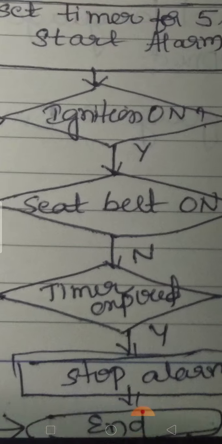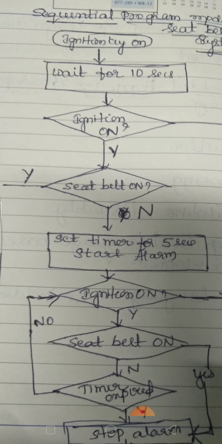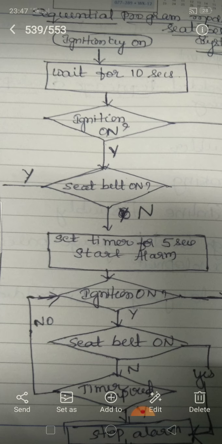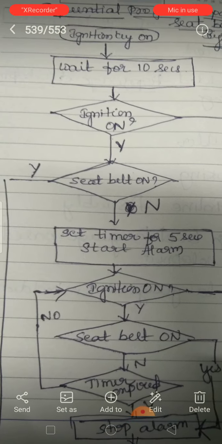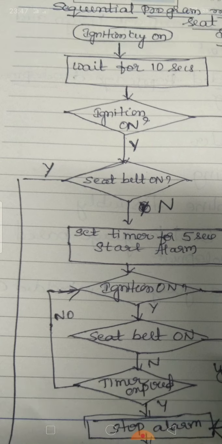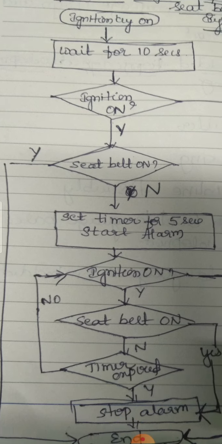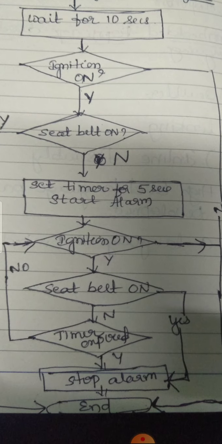Let me go from the beginning once again. Check the ignition key on. Wait for 10 seconds. If ignition on, yes. Check for seat belt on. If ignition on, no, then end the system. If seat belt is on, yes, end it. If seat belt is not on, then set the timer for 5 seconds.